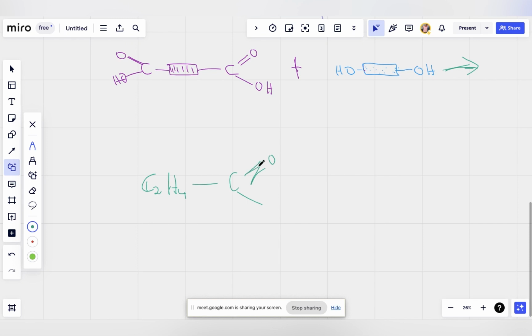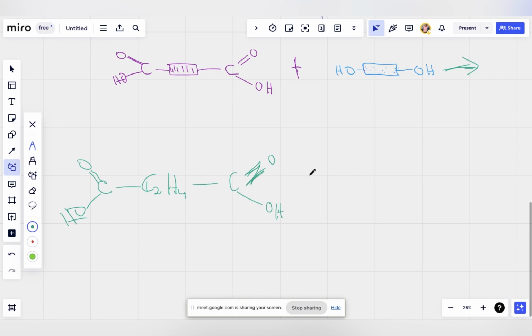This is a double bond, okay? Double bond to O, single bond to OH on both sides, on the right side and on the left side. Okay, this is a dicarboxylic acid. So we have double bond here to O, single bond to OH on this side.